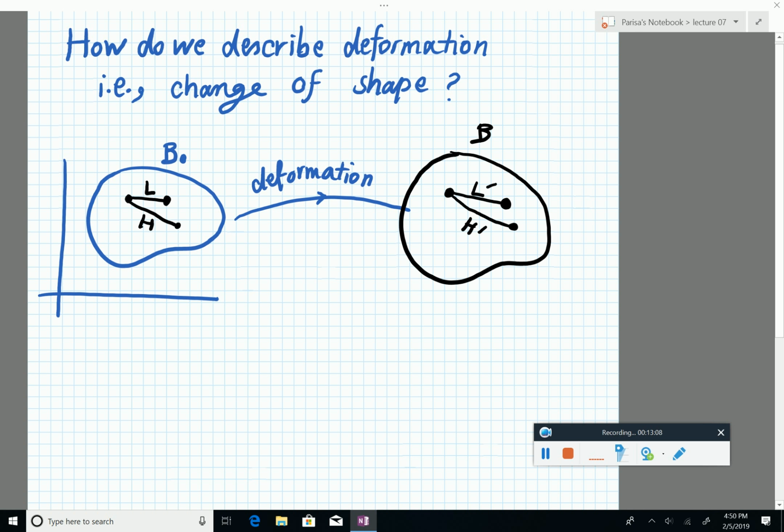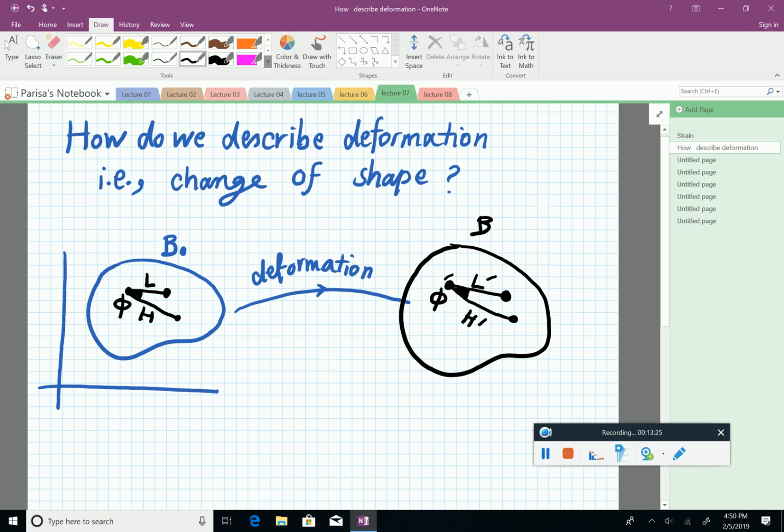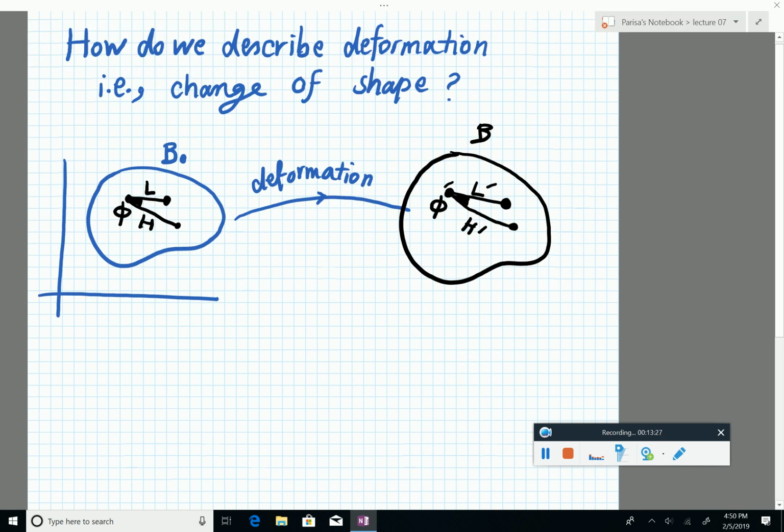I look to see what has happened to this angle. So this was phi here becomes phi prime. So basically saying change of shape is correct, but how do we measure change of shape? We measure change of shape in 2 ways.